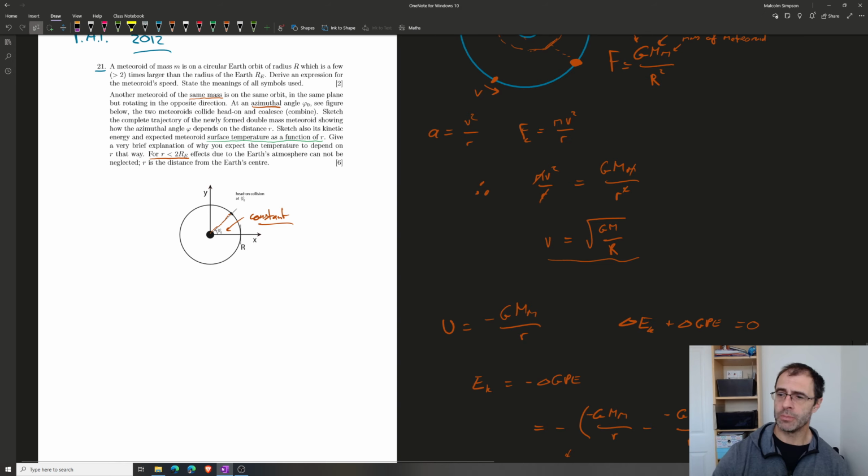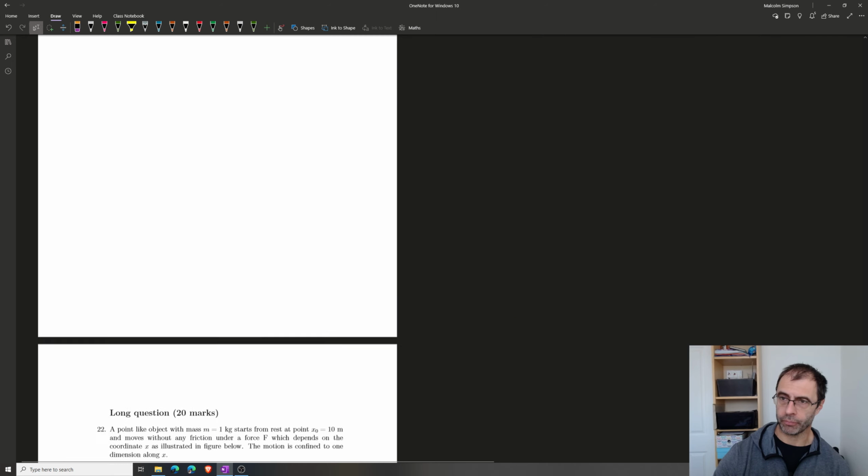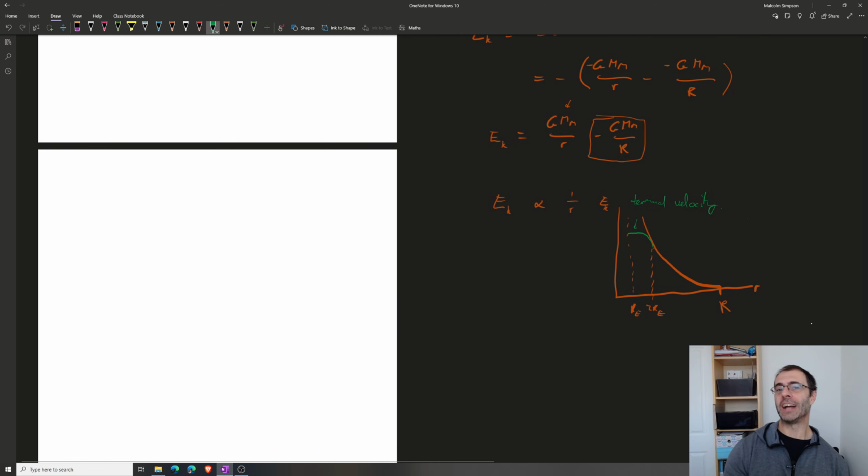So in terms of surface temperature, post-collision, I don't know if we need to take that into account. Post-collision, the surface temperature is going to be high. So at R, here's R, this is temperature T now against R. The temperature is going to start at some value as R decreases.